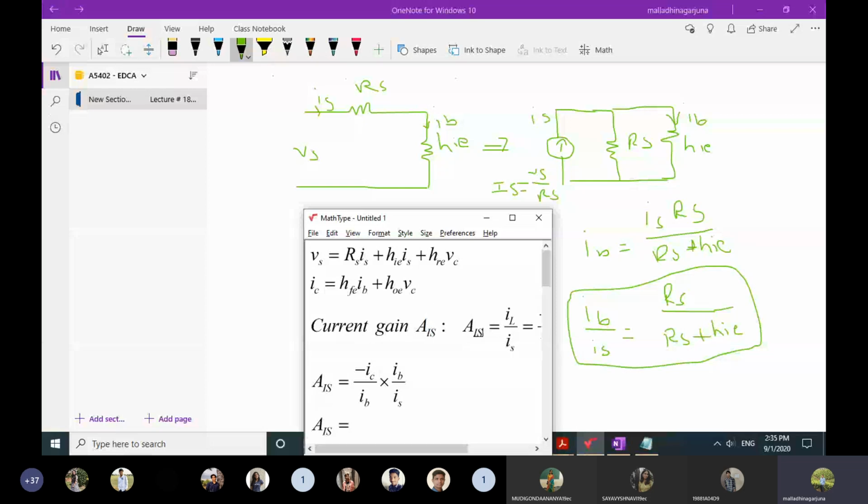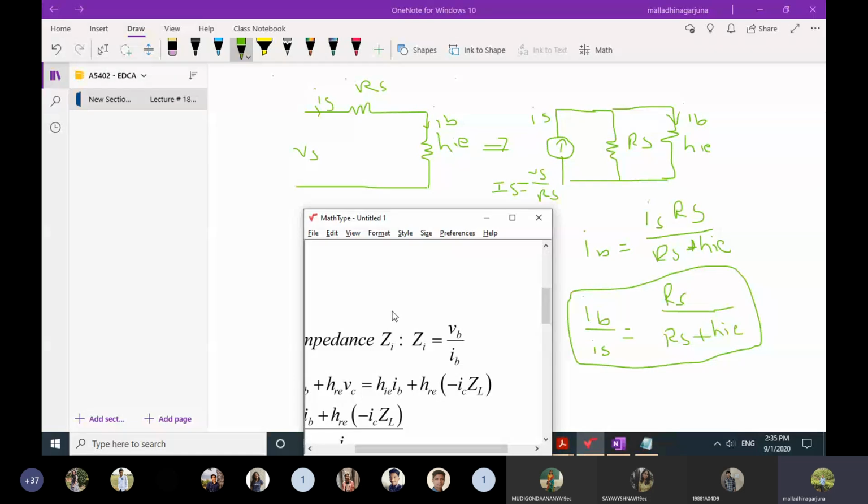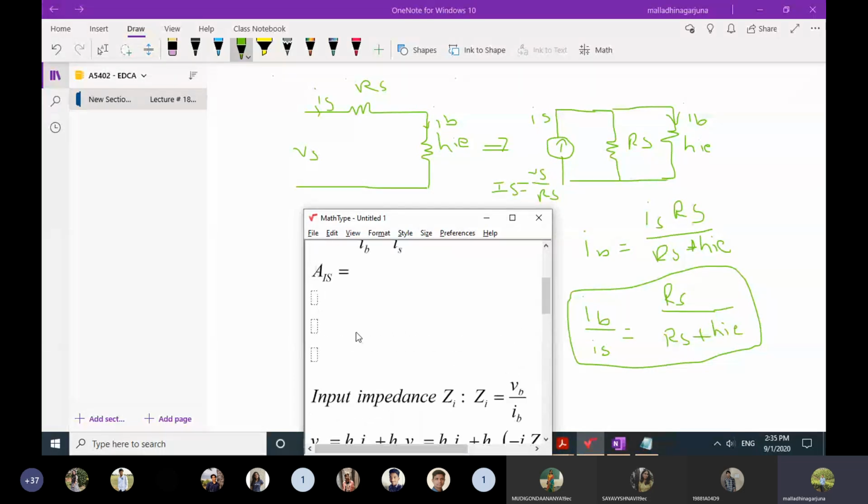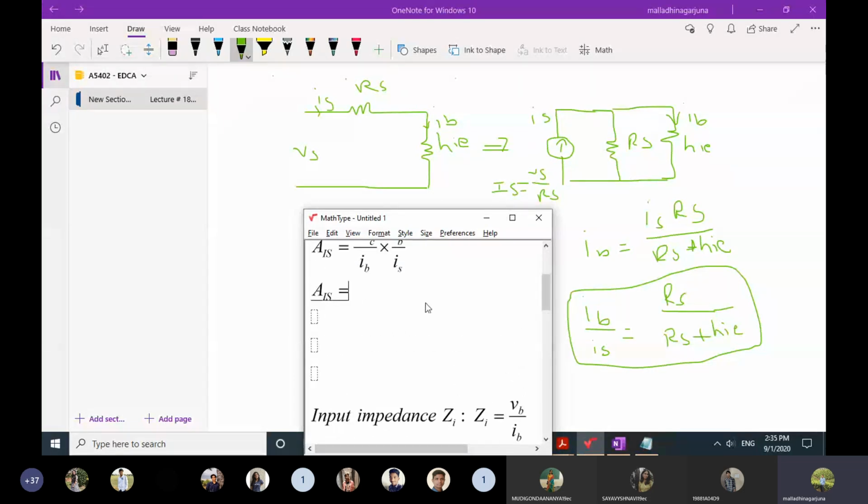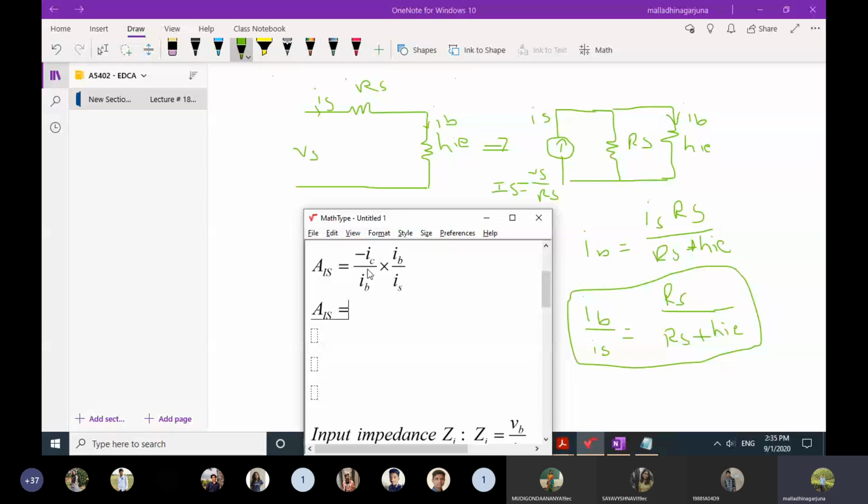AIS equal to minus Ic by Is, which is minus Ic by Ib times Ib by Is. Minus Ic by Ib is nothing but AI, which we already calculated.